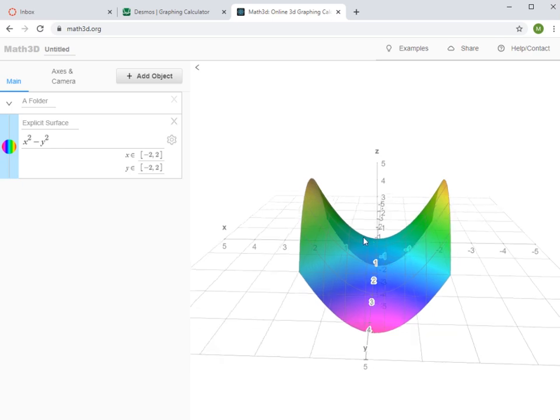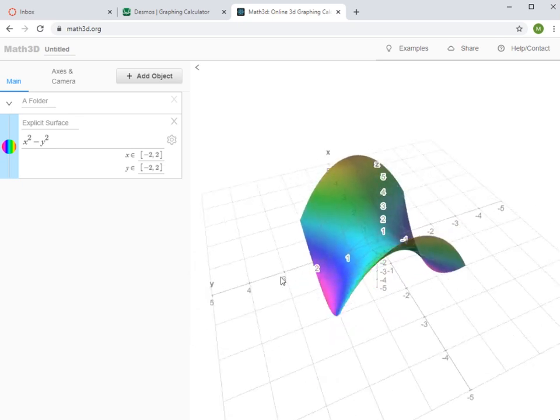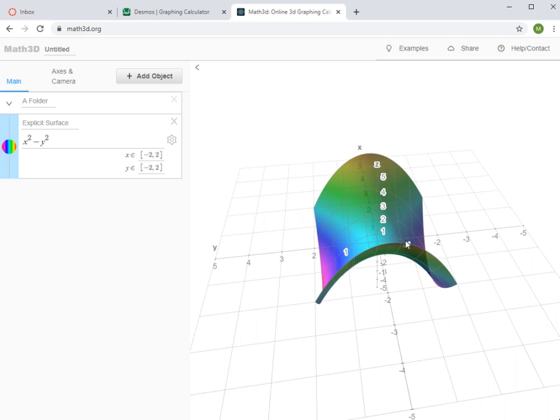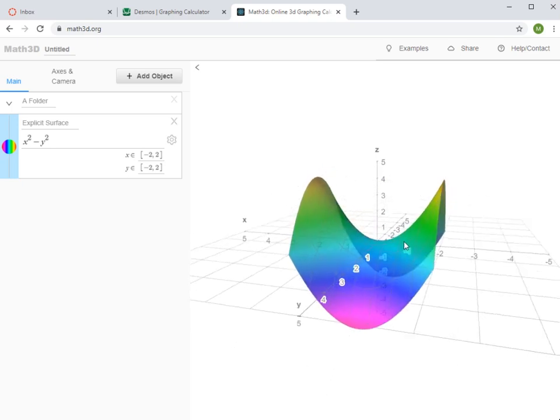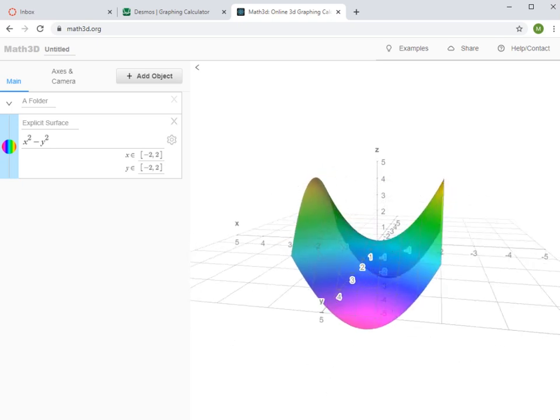If I move along this contour, along the x-axis, my z-coordinate will increase. However, if I move along this contour, along the y-axis, then my z-coordinate is going to decrease. So I'm not at a max or a min, I'm at a saddle point.